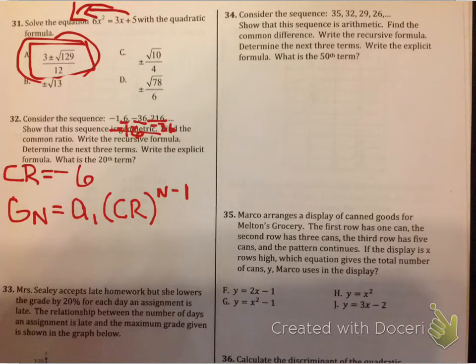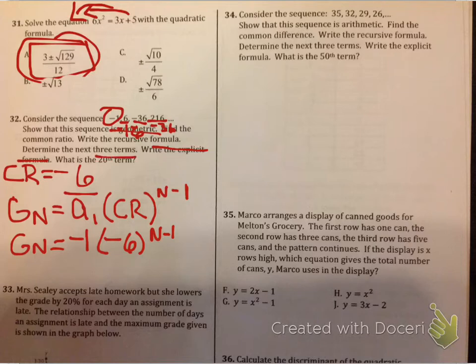Okay, so in this case, what I'm saying here is this. A1 is the first term. So negative 1 times common ratio negative 6 to the n minus 1 power. That would be your recursive formula. I'm not going to even ask you about the explicit. Don't worry about that. If that actually ends up being on there, I'll give you that answer because we did it differently, okay?